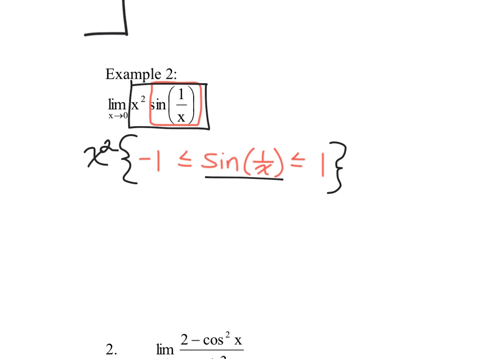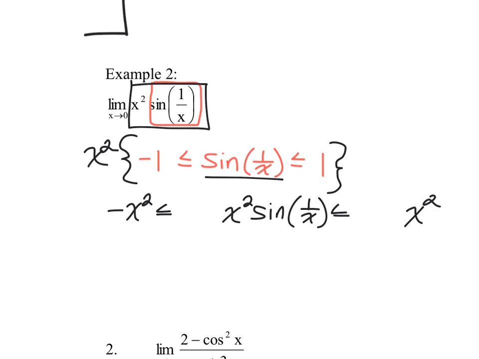So we'd be looking at negative x squared less than or equal to, I'm going to leave a little room here, and then leave a little room here. There's a good reason why.